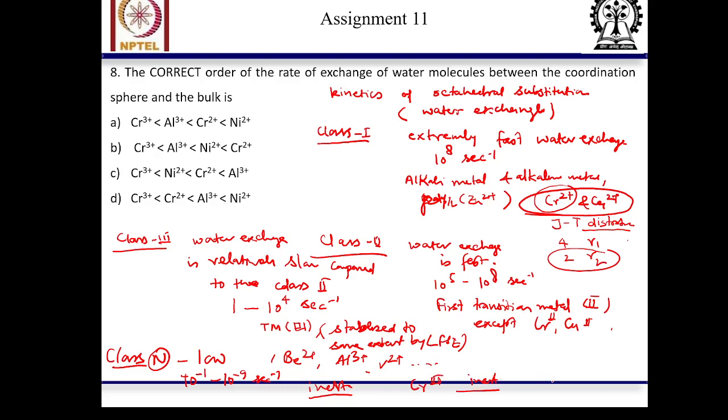Because there is a loss of CFSE, that is one reason if we consider ligand field theory. Second, if we consider valence bond theory, this is the most symmetric electronic configuration. Now, first one is chromium, second from the first transition metal is nickel. From third they have taken aluminium, and from fourth they have taken chromium. So the correct answer is B.